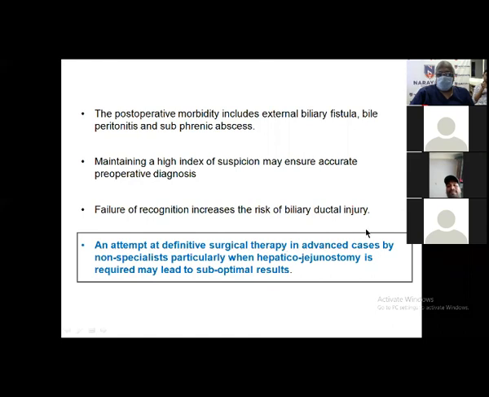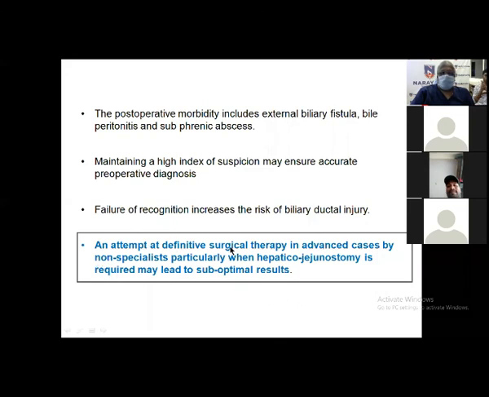I want every one of you to become familiar with extrahepatic biliary duct surgery, because that will keep you going. As far as income is concerned, the outcome will be good, and you will get good appreciation from your patients.